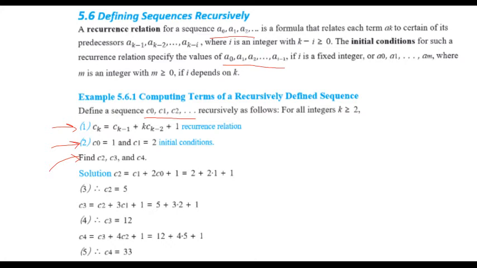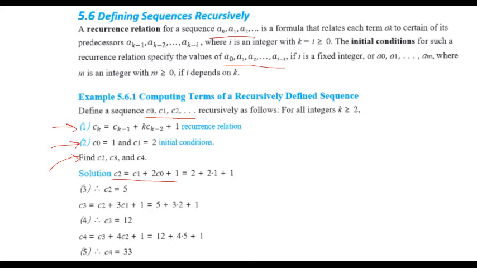Okay, so the first thing that we need to do in order to calculate C sub 2 is to use the recursive relation for k equal to 2, and we will get this equation. We get C sub 2 is equal to C sub 1 plus 2 times C sub 0 plus 1.